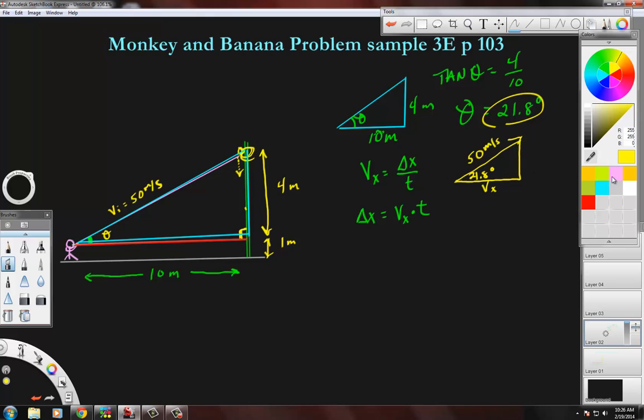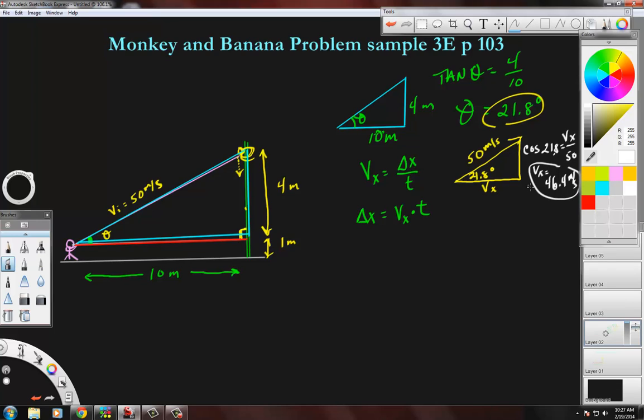So very quickly, this would be the cosine of 21.8 equals vx over 50. To solve for vx, we've done this a billion times, it's 50 times the cosine of 21.8, and that works out to be about 46.4 meters per second.